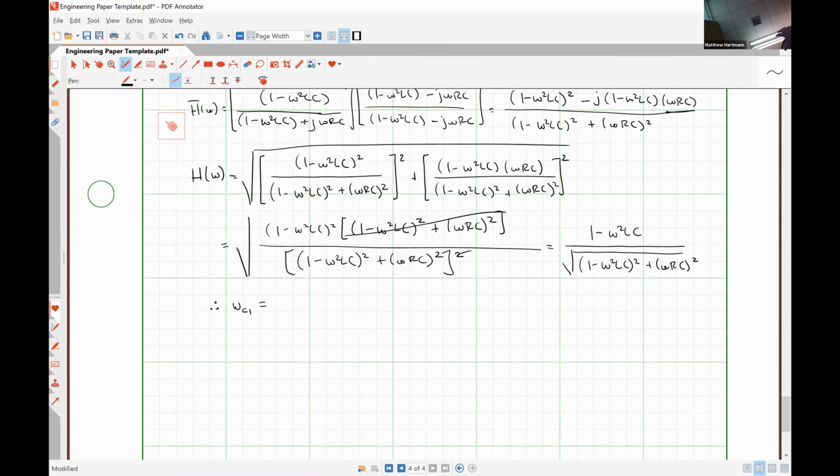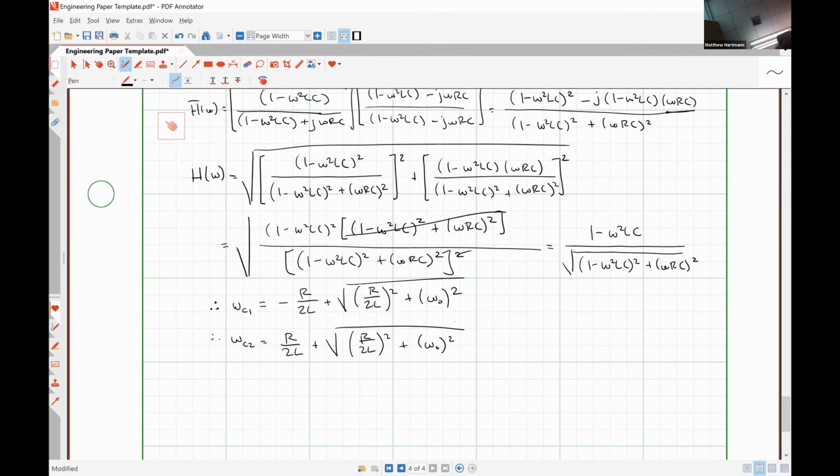Omega C1 is equal to negative R over 2L plus the square root of R over 2L squared plus omega naught squared, and omega C2 is equal to positive R over 2L plus the square root of R over 2L squared plus omega naught squared. So same exact values here.